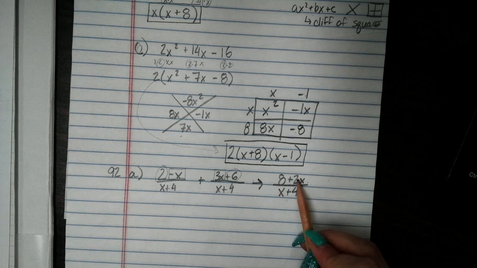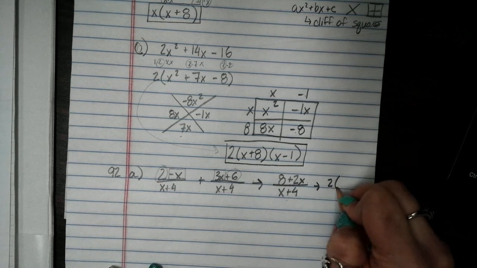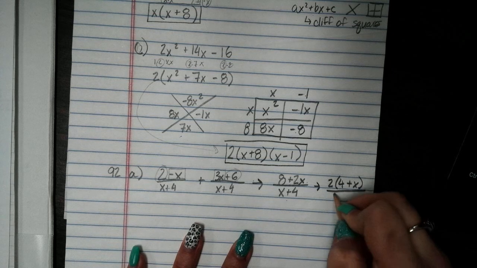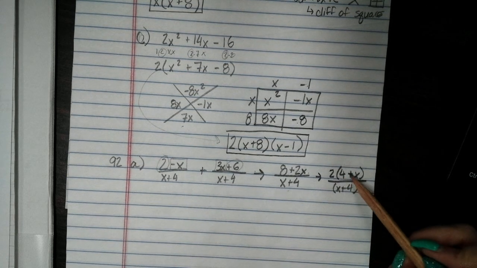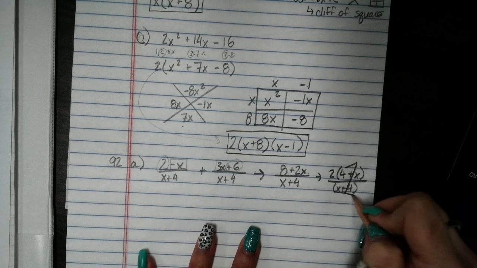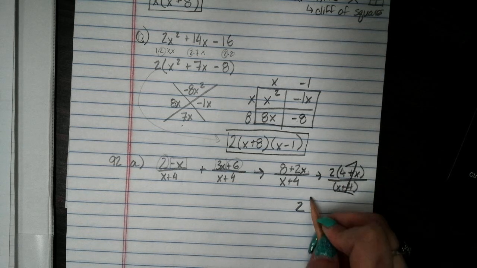But I notice these are both even numbers, so I can take a GCF out. If I take a 2 out of each of them, that leaves behind a 4 plus x over x plus 4. Remember that x plus 4 is the same thing as 4 plus x. So that's a big 1. And I'm just left with a 2 in the numerator, so my answer is just 2.